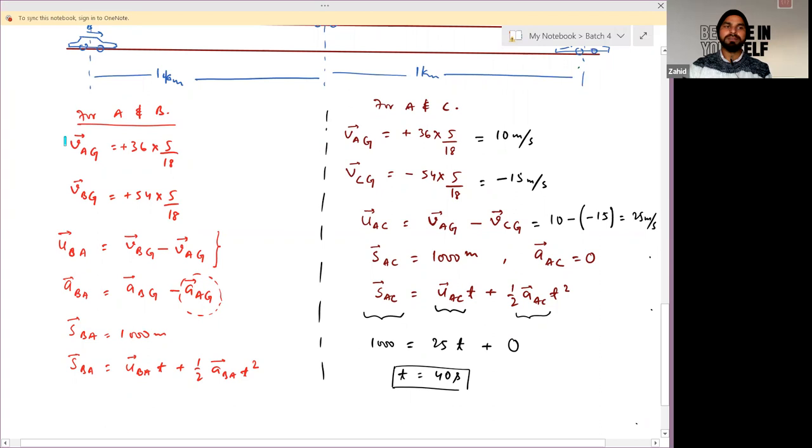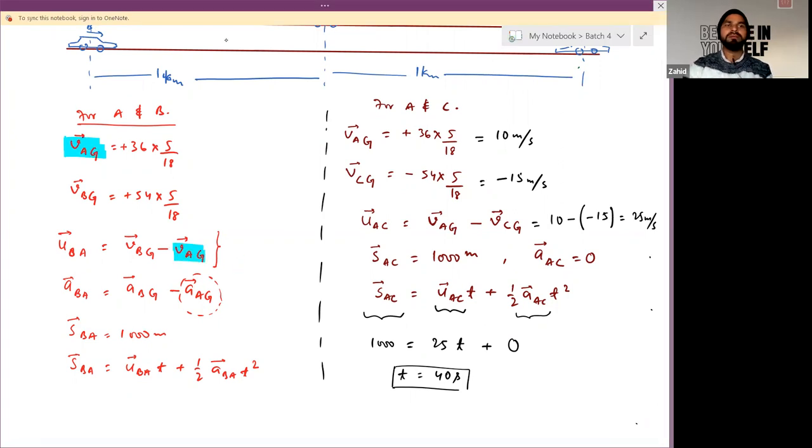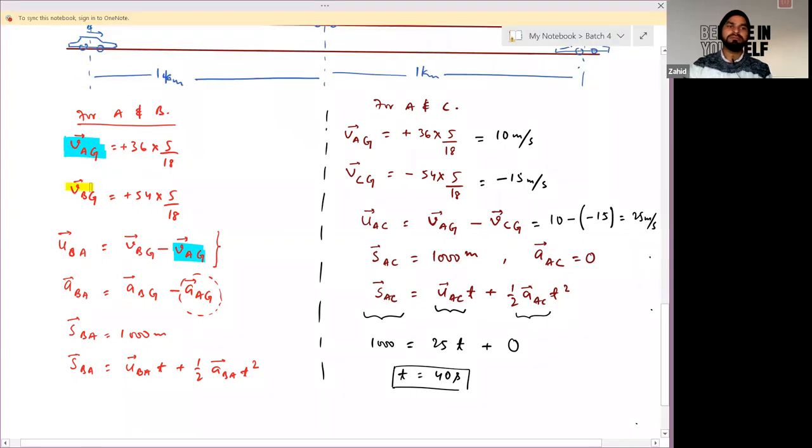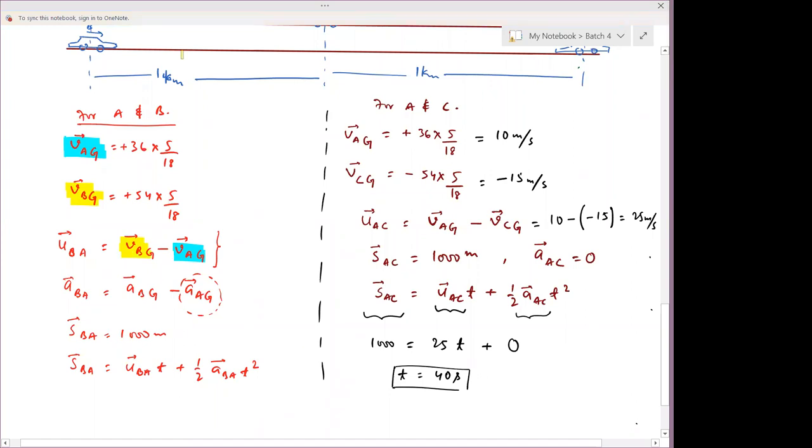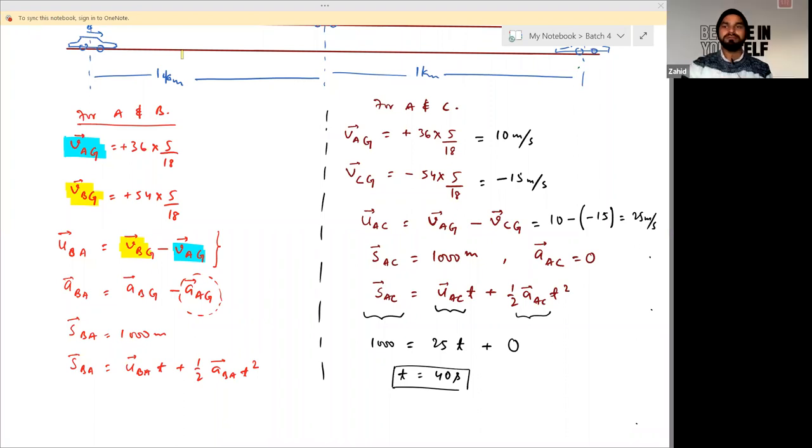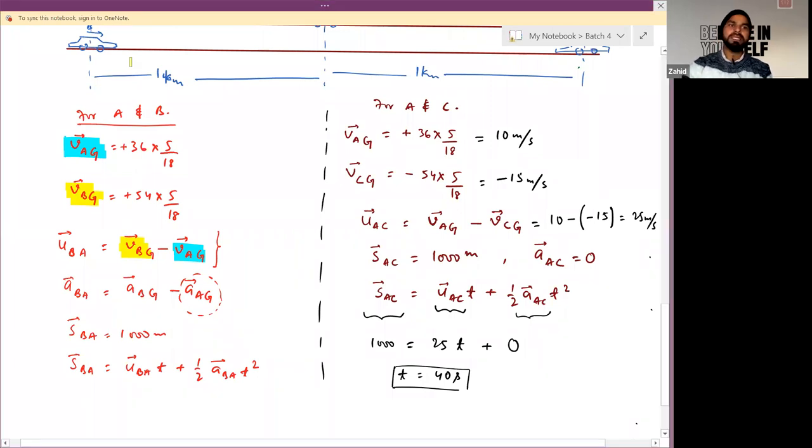Ehtisham, just check your calculation. Okay, Minashi, just put the value in the last expression.